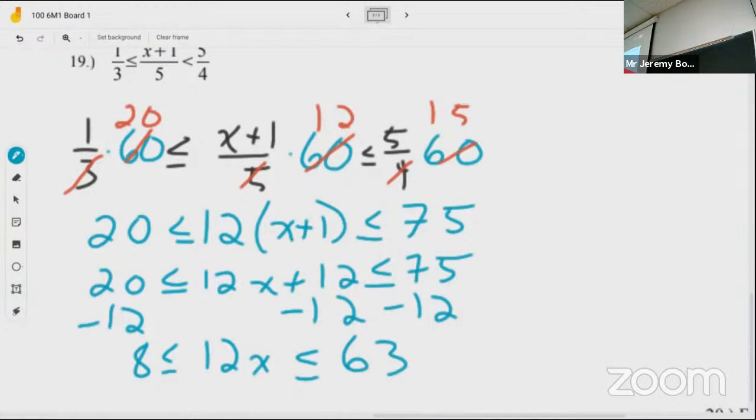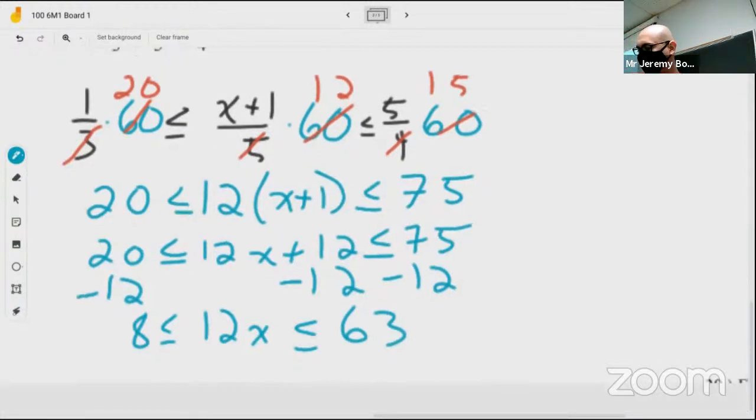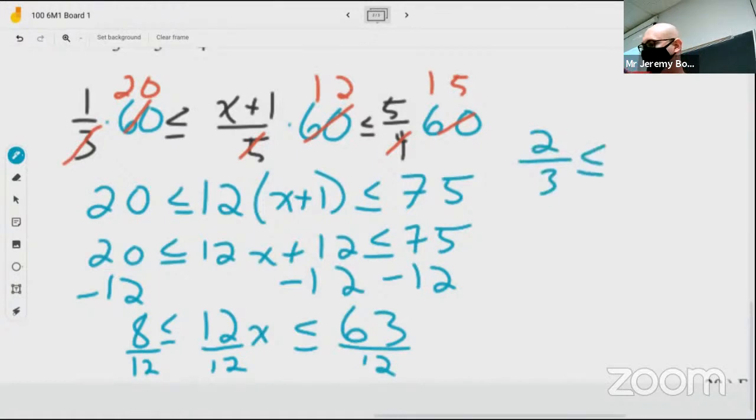These are not the best numbers. And then we're going to divide all our parts by 12 to isolate the x. So that's going to be 2/3 is less than or equal to x, which is less than or equal to, divisible by 3, right? 21 over 4. Is that right?